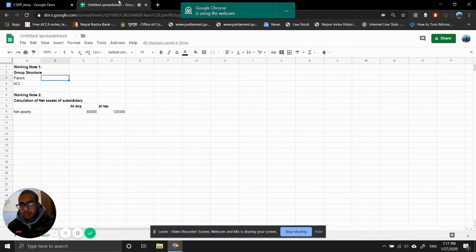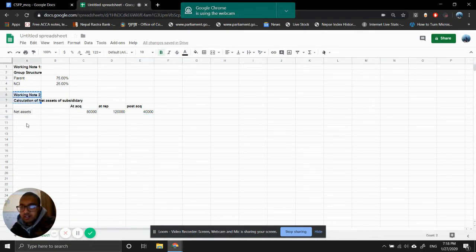And what's our group structure? We missed that one. 75 and 25, right? And after that, our post acquisition profit would be this figure minus this figure.